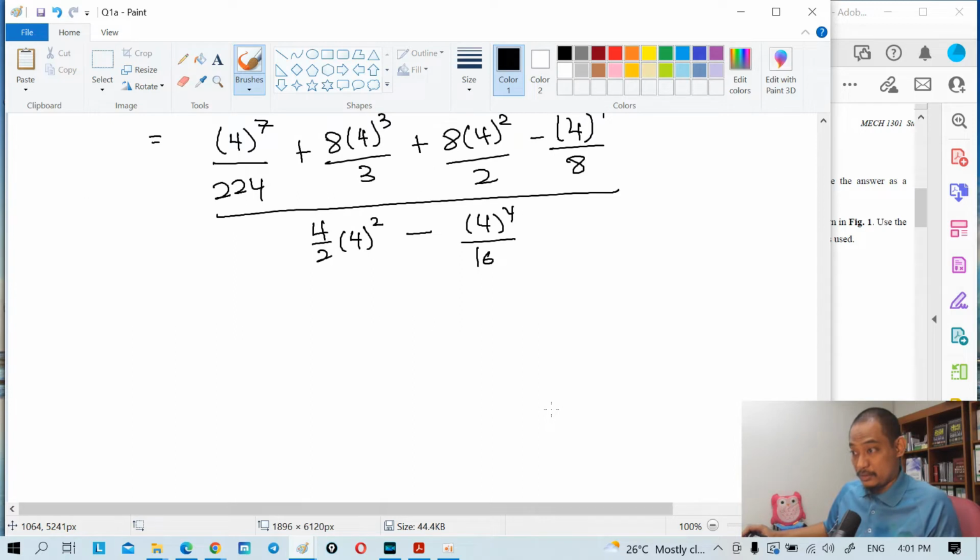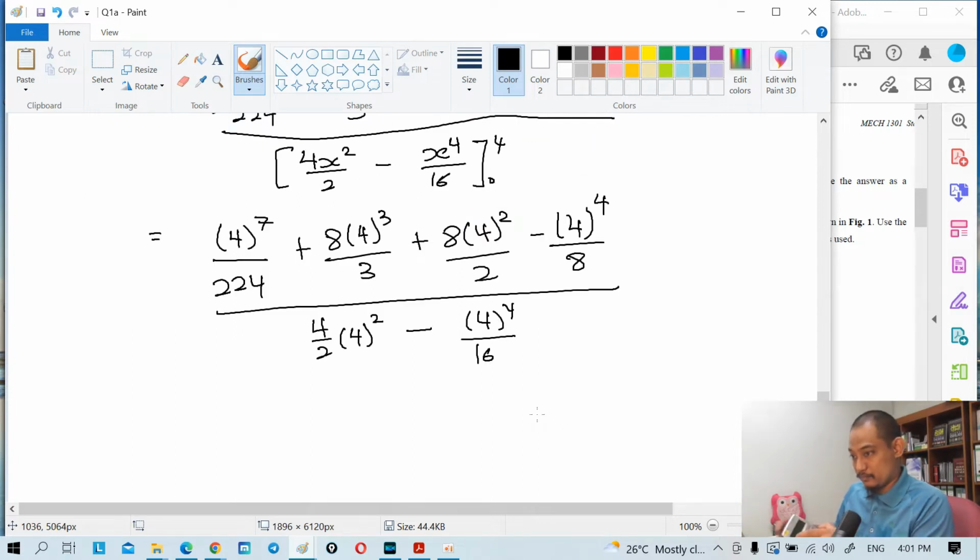If you calculate this, 4 to the power of 7 divided by 224, plus 8 times 4 cubed divided by 3, plus 8 times 4 squared divided by 2, minus 4 to the power of 4 divided by 8.